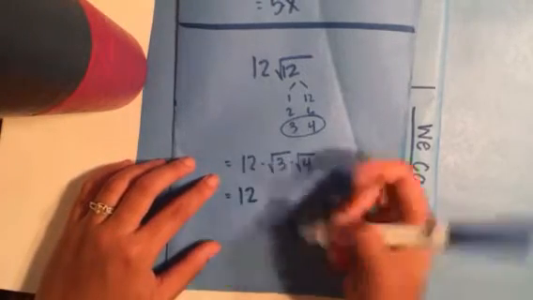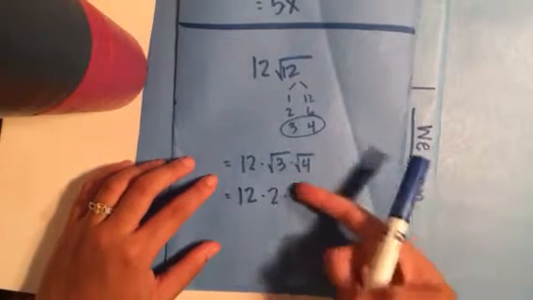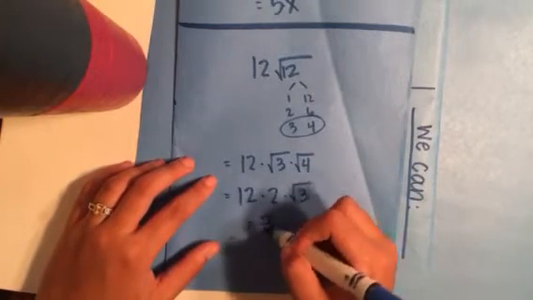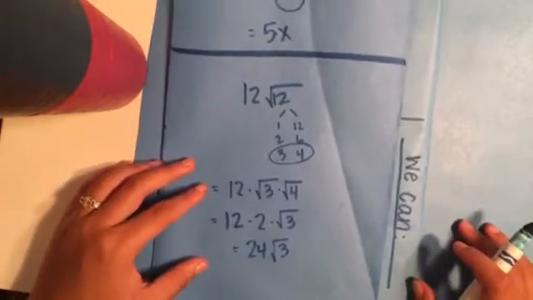And, well, we can take the square root of 4. Can't take the square root of 3. And we're done.